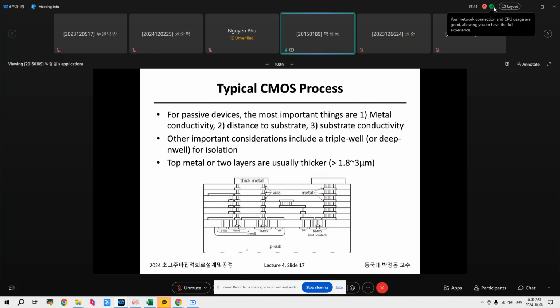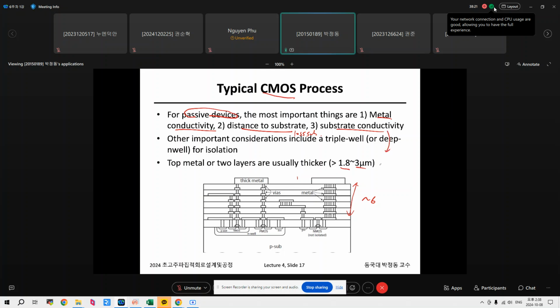Okay, so this is a typical CMOS process. As I said before, the thickness is around 6, and the top metal layer thickness is 1.8 to 3 micron. Especially when you design passive devices, we have to consider metal conductivity and distance to substrate, because of the lossy substrate and substrate conductivity as well.